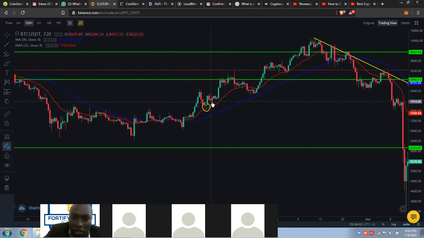If I'm a swing trader also, I can sell here. 8,000. So from 7,850 or 7,840 all the way to 8,000. And this is what I would have made, in simple terms.